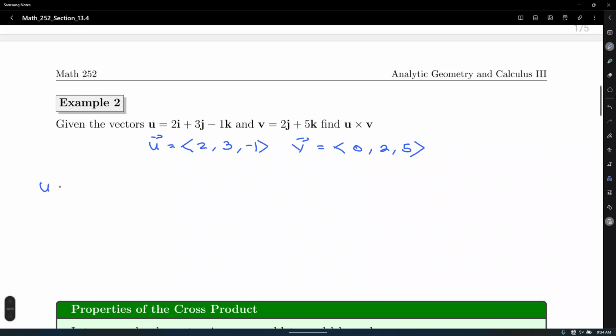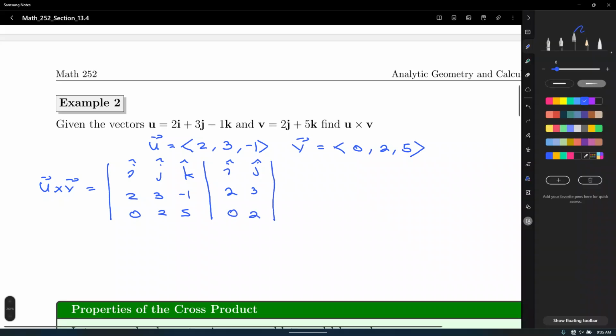Okay, so let's compute u cross v. That equals, let's set up i, j, k, and set these two vectors as rows: 2, 3, -1, and 0, 2, 5. I'm going to use the trick of repeating the first two columns: i, j, then 2, 3, and 0, 2.